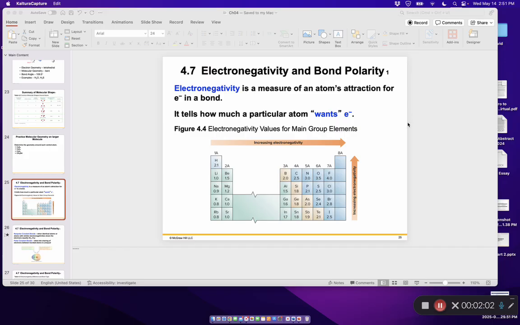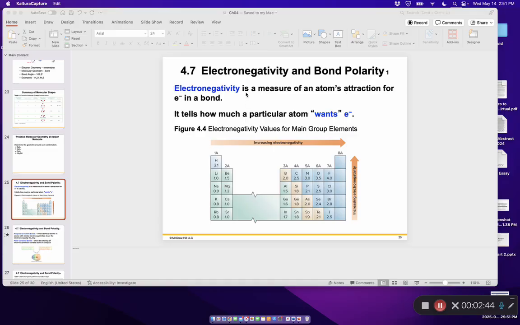Now, will those electrons spend equal time among those elements, or will one of the partners be more possessive and let the electrons spend more time around itself? Electrons are in the electron cloud, revolving around the nucleus, right? So that gives us the idea. Electronegativity tells us how much a particular atom wants that electron, how possessive that element is in the compound.